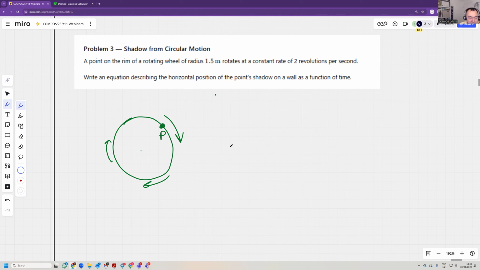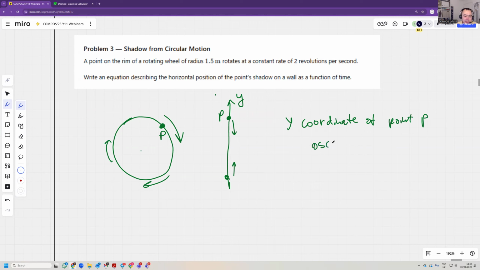If you look from the side, you will see that the point P goes up and down. Point P just oscillates. So the y coordinate of point P oscillates up and down.